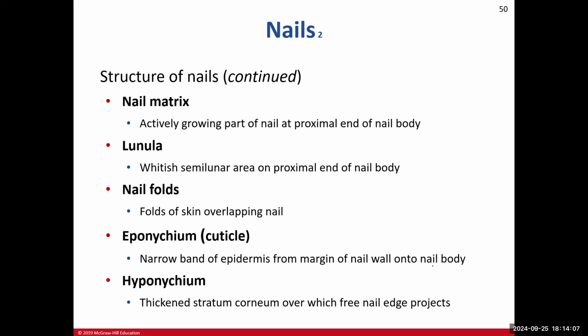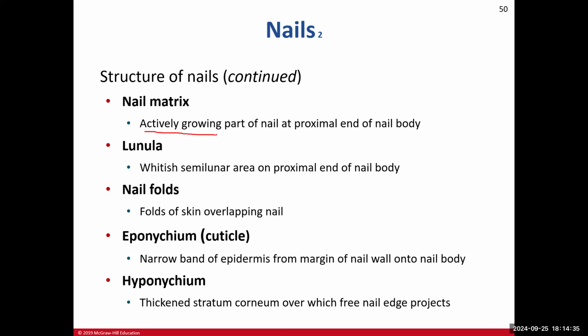The nail matrix is the part of the nail that is growing, because as we all know, when our nail grows, it grows out from our finger. Essentially from your last knuckle out to the tip of your finger, it's just pushing the nail out. And it's the matrix which actually has all of those cells that are constantly dividing, right? That's the growing part that is going to push your nail out distally there.